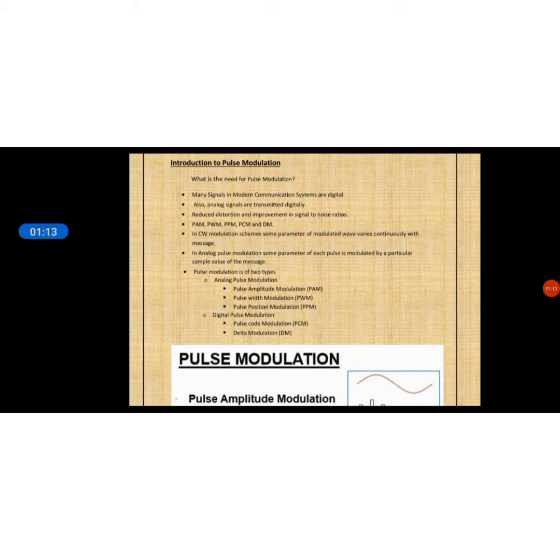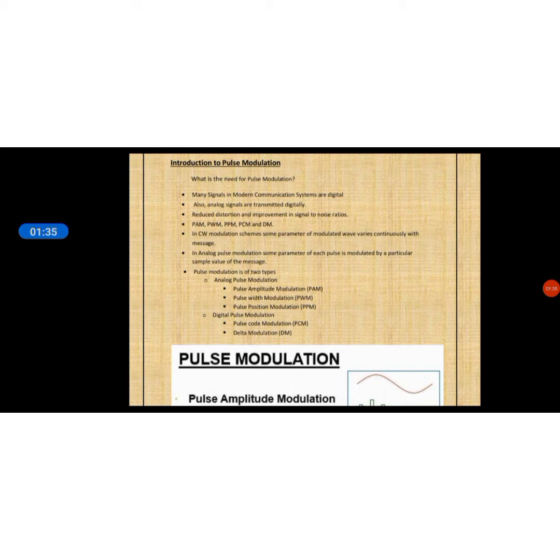Information is a low frequency signal, carrier is a high frequency signal. In an analog communication system, both are continuous time signals, right? Information as well as carrier signal are both represented by continuous time signals, right?